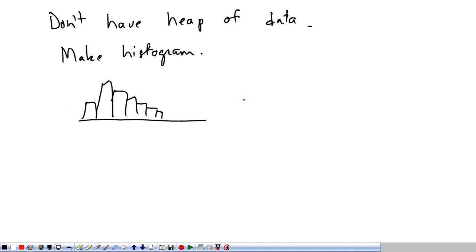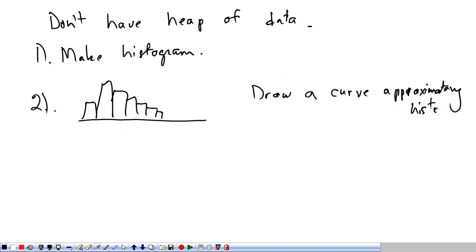Then step 2 is draw a curve approximating the histogram. What does that mean? It means literally this: I take my pen and trace out what this histogram looks like.